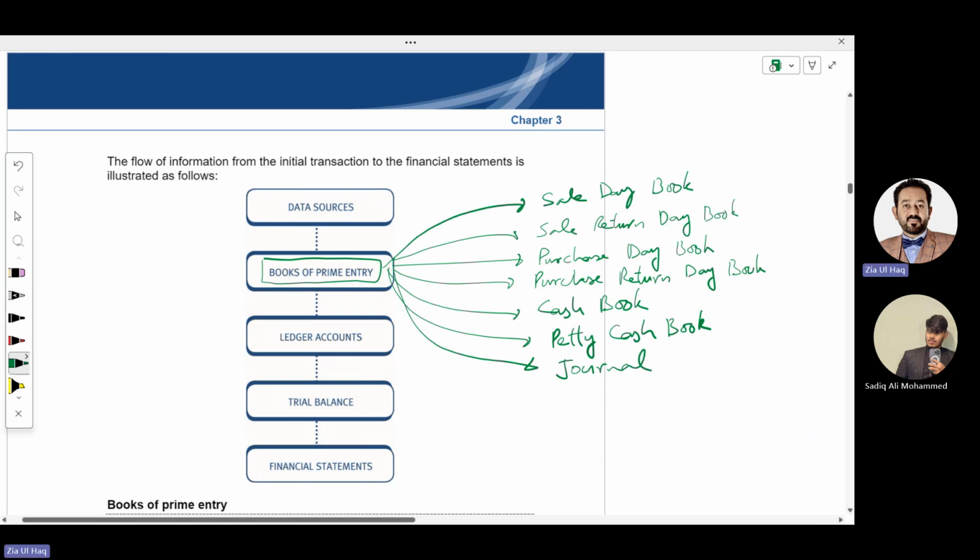What are the books of prime entry? Sale day book, sale return day book, purchase day book, purchase return day book, cash book, petty cash book, and the journal.